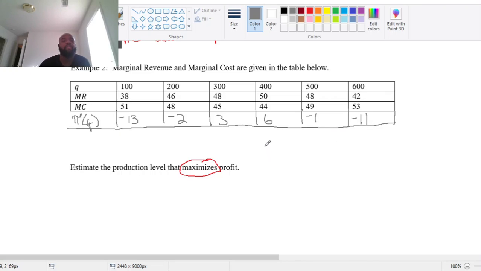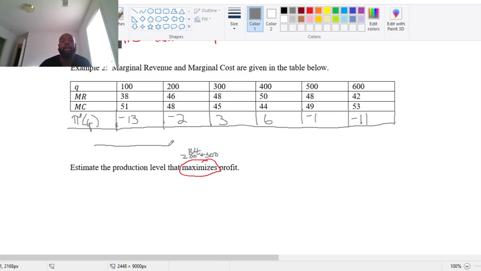And so what I'm finding here is that my derivative or my profit function is decreasing in negative. My profit's derivative, my marginal profit is negative here. Then it becomes positive. Then it becomes negative, right? And so somewhere between 200 and 300, my marginal profit becomes zero, right?